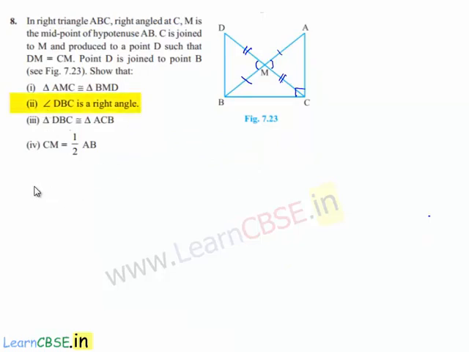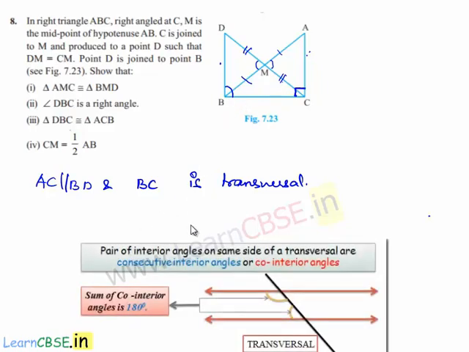To prove the second one, let us consider that AC is parallel to BD and BC is the transversal. Angle ACB and angle DBC are angles lying on the same side of the transversal. We know that the sum of angles lying on the same side of a transversal is 180 degrees.